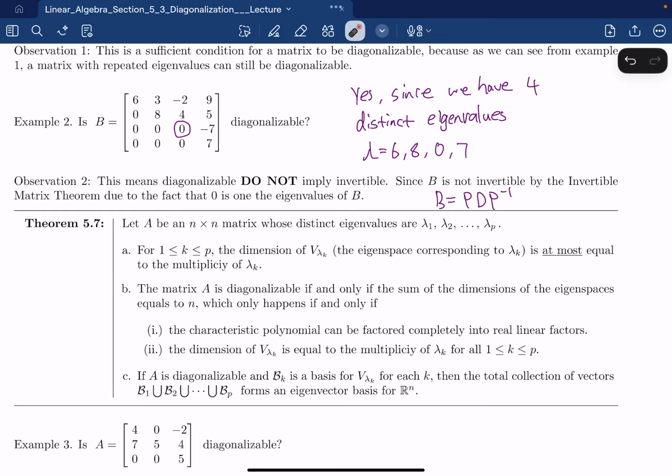The matrix A is diagonalizable if and only if the sum of the dimensions of the eigenspaces equals n. This is our condition about having enough linearly independent eigenvectors, because I have to be able to take enough linearly independent eigenvectors corresponding to the multiplicity of each eigenvalue.